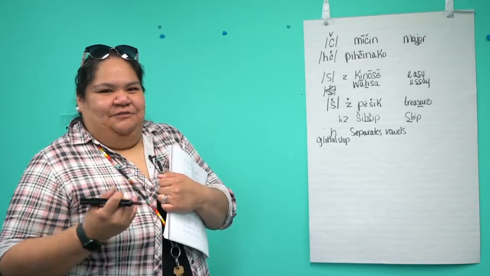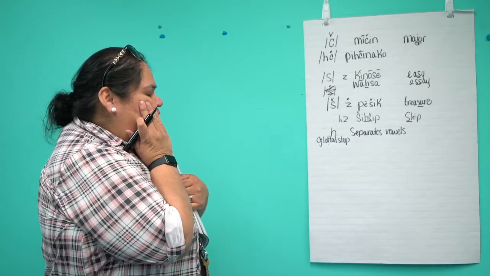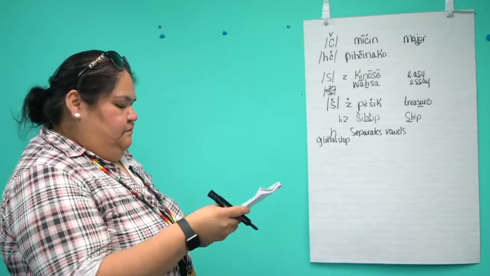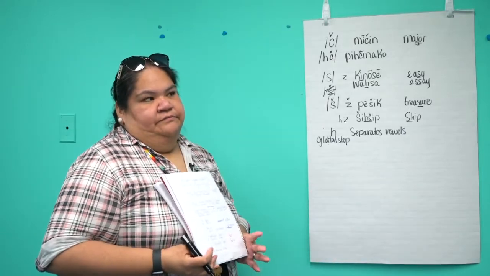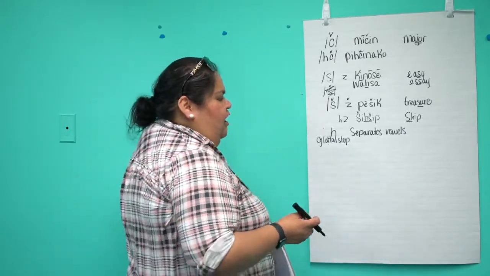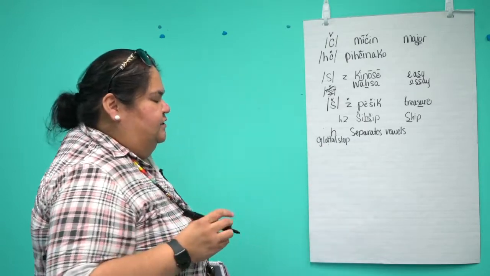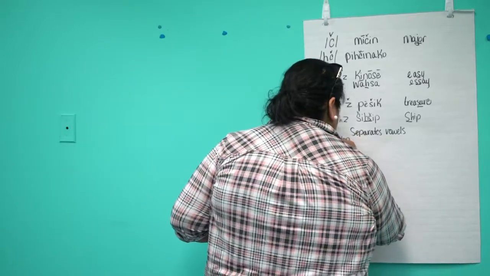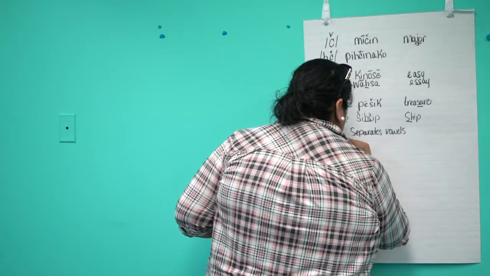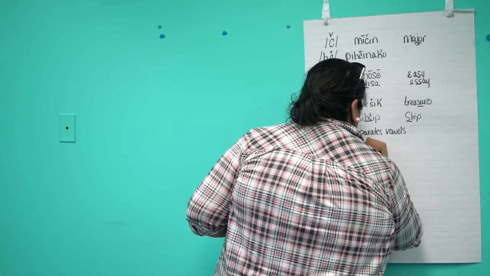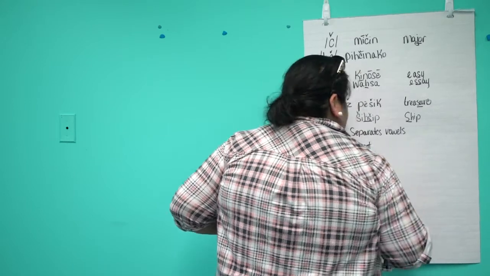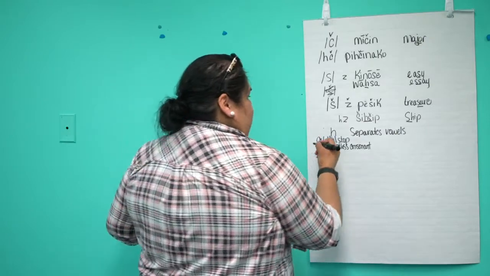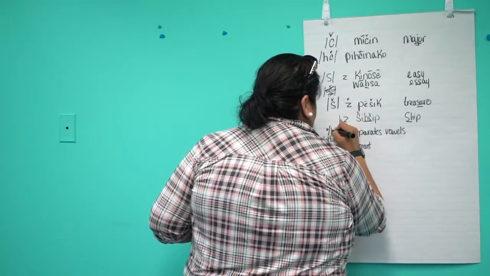I can't think of an example right now. Or it could be for a voiceless consonant too. But just know that when you see that H, it's not like your English H, okay?